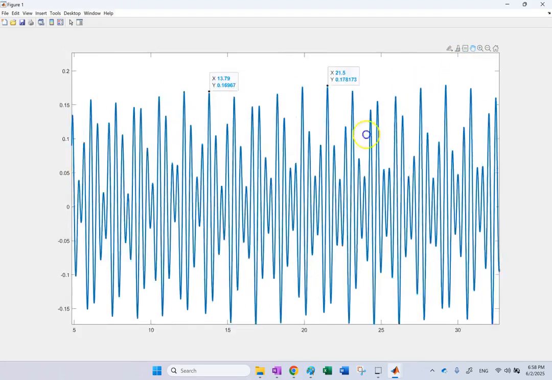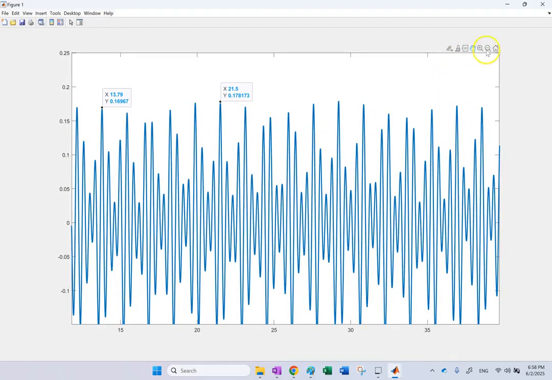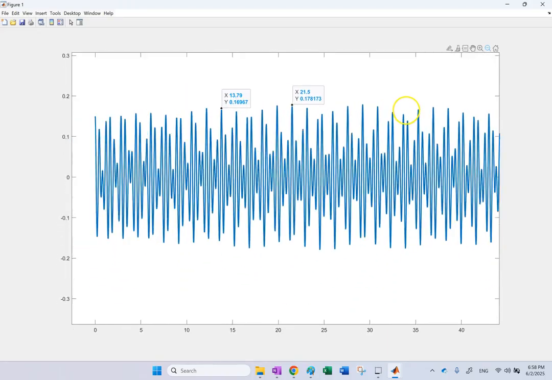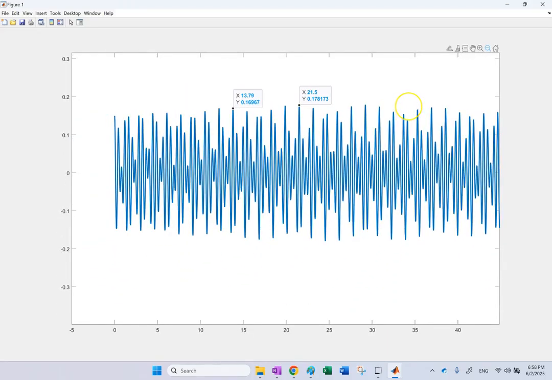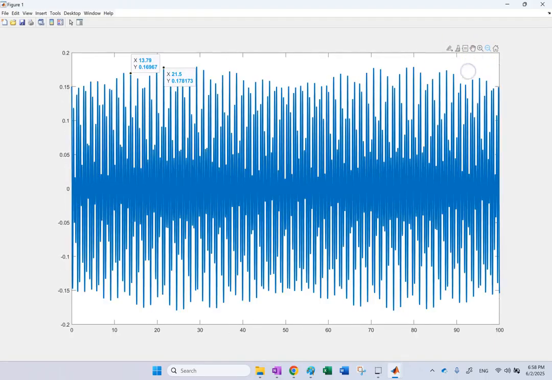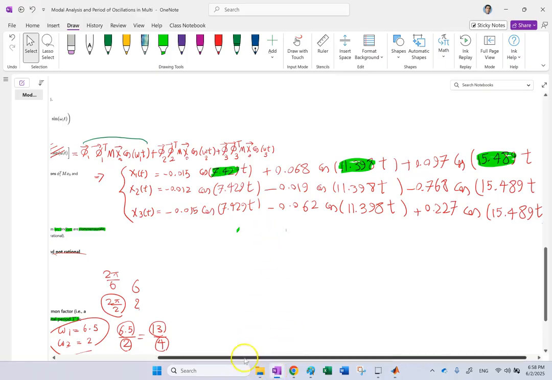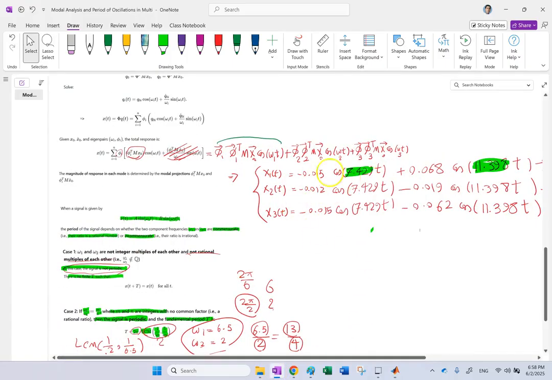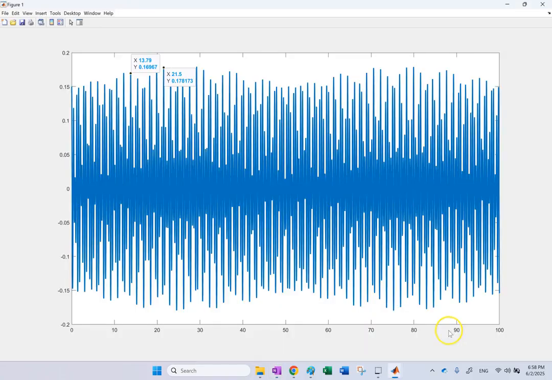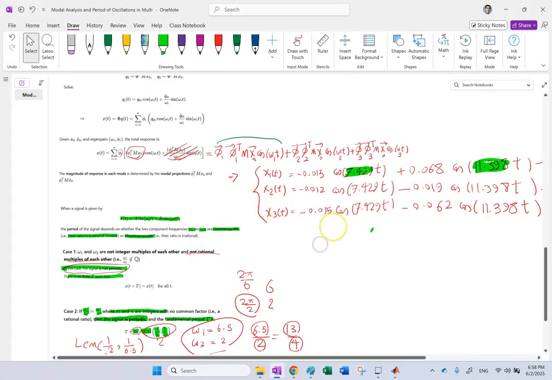Okay, and even if you go any further, you're not going to see anywhere that the two signals are exactly repeating themselves. So if somebody asks you what's the period of this, is this a periodic motion? Well, it kind of looks like one, but not exactly. It's not perfectly periodic. Okay, it's basically what we call semi-periodic motion.